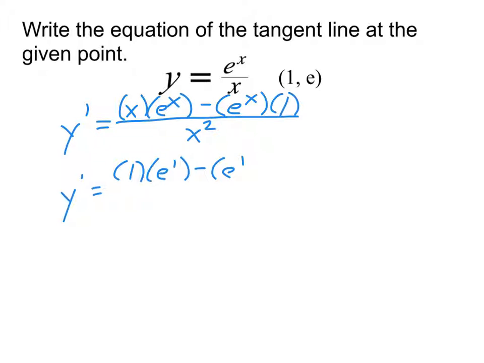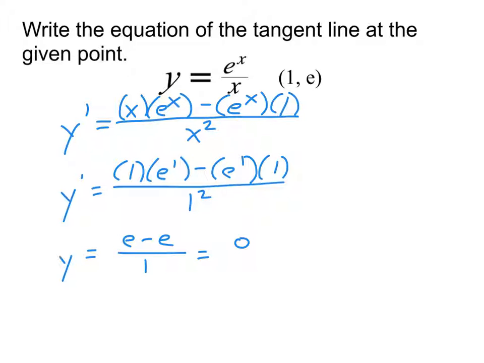E to the 1 times 1. It's all going to be over 1 squared. Notice what that gives us, though. It gives us e minus e on the top and a 1 on the bottom. Well, that's 0 over 1, and 0 over 1 equals 0.